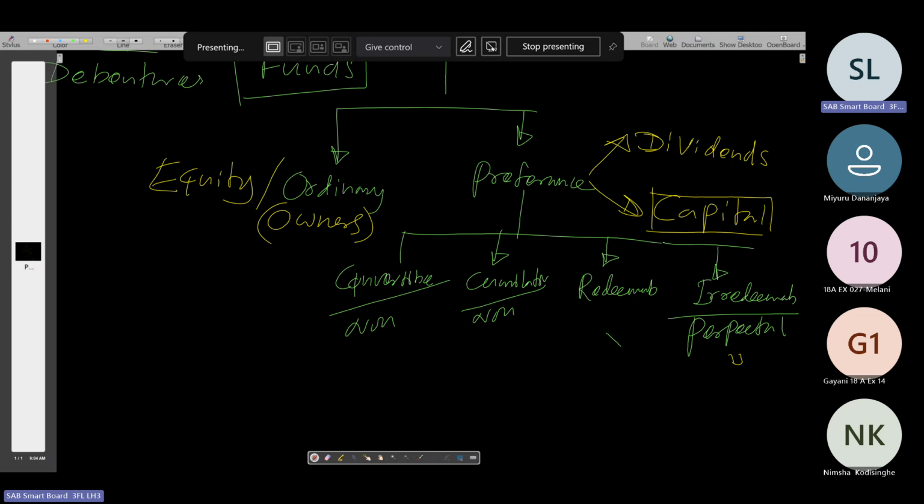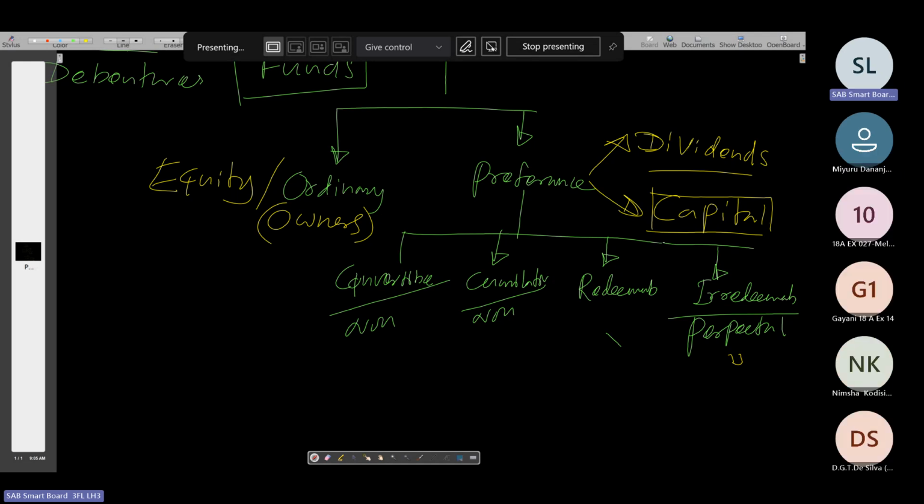First, we have to settle the preference shareholders' capital, then thereafter the company has to settle the ordinary shareholders. That's the meaning of preference. The first choice is given to these shareholders for dividends and for being paid off the capital in the event of liquidation. Then after that, ordinary shareholders.